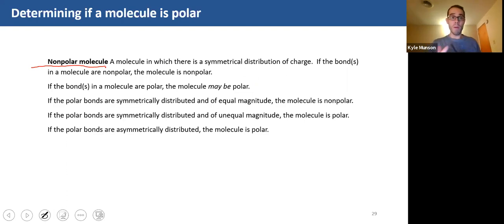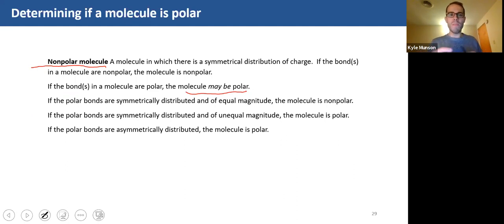So if the bonds of a molecule are nonpolar, the molecule is nonpolar. Simple as that. But there's a little more to that. If the bonds of a molecule are polar, the molecule may be polar. That's the key here: the molecule may be polar. So we have to do a little bit more investigation to figure out if it is or not.